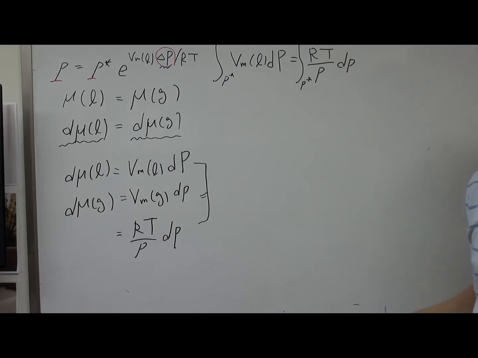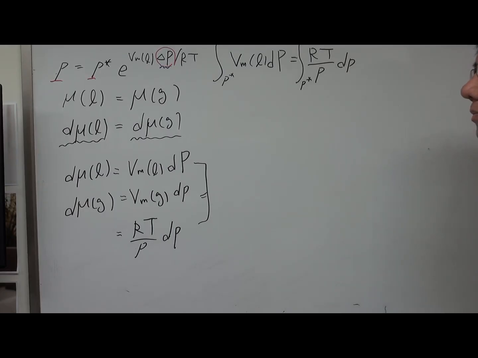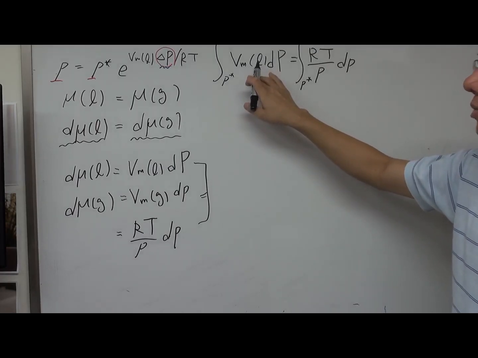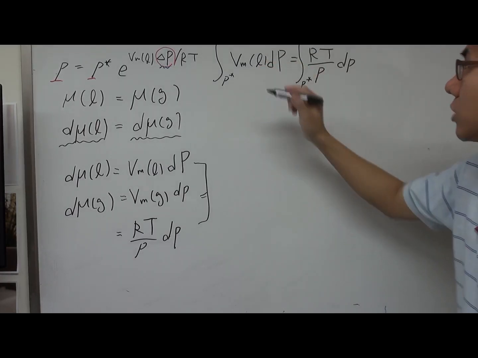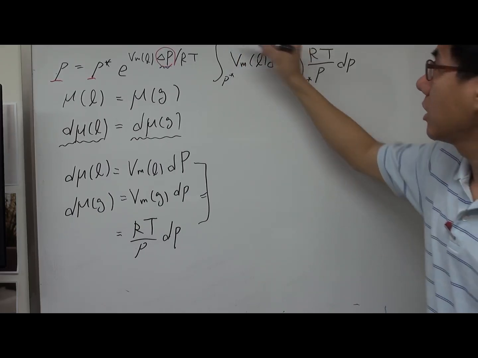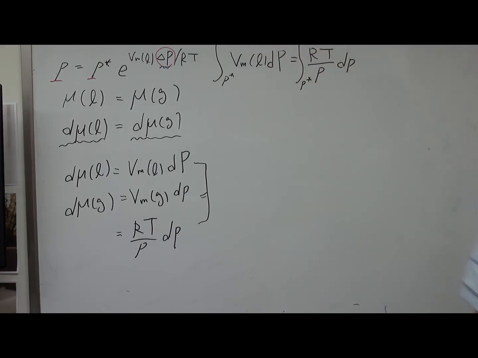That's the only pressure applied to the liquid before we apply additional pressure, right? And after we apply additional pressure, the resulting pressure exerted on the liquid would be p, vapor pressure of the gas, plus delta P, right? See it?